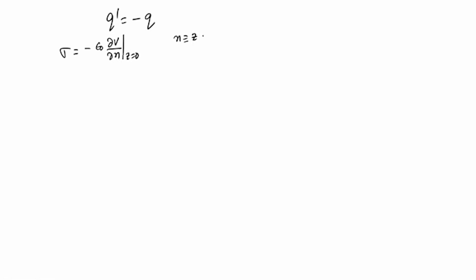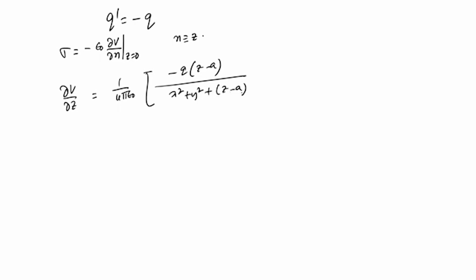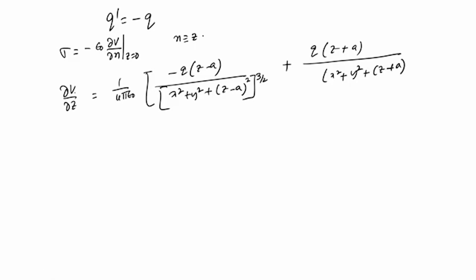So, we change n to z, and if you do del V del z, you get 1 over 4 pi epsilon 0, times minus q (z minus a) over (x square plus y square plus (z minus a) whole square) whole to the power 3 by 2, plus q (z plus a) over (x square plus y square plus (z plus a) whole square) whole to the power 3 by 2.